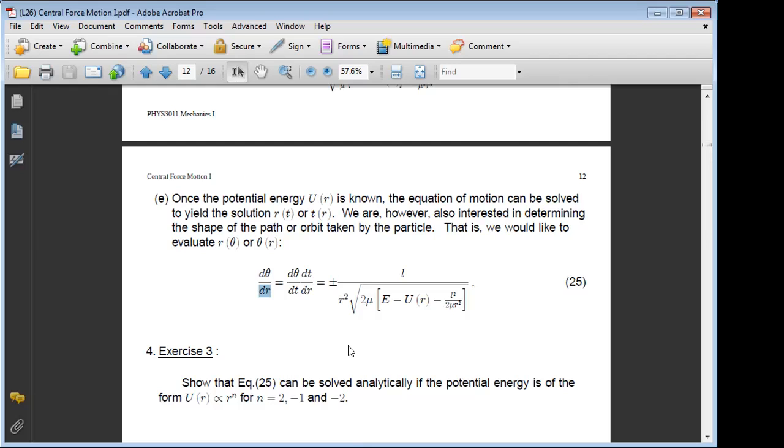L is angular momentum. For n equal to minus 2, we have 2 mu over R squared minus L squared over 2 mu R squared.